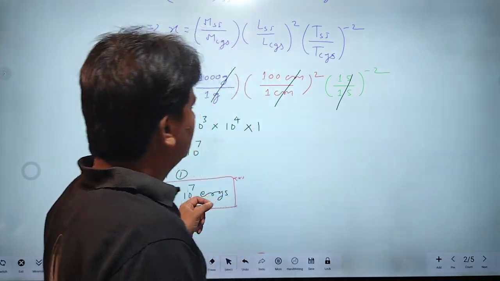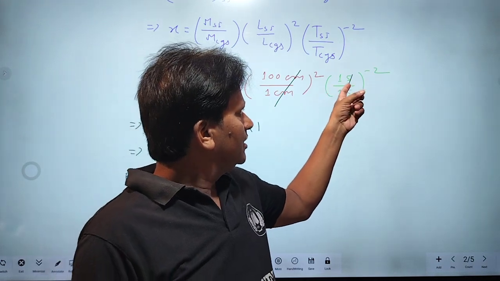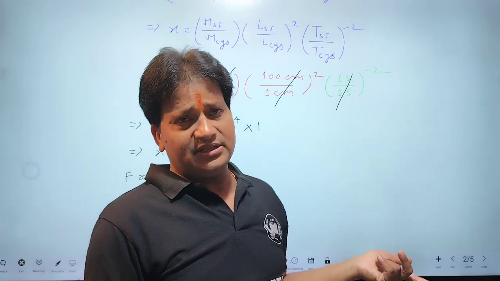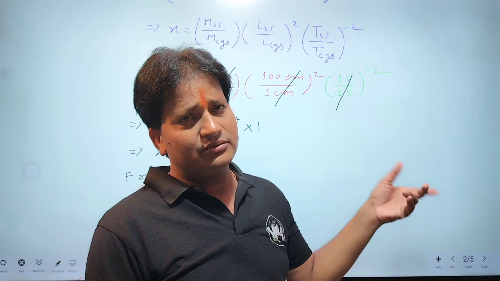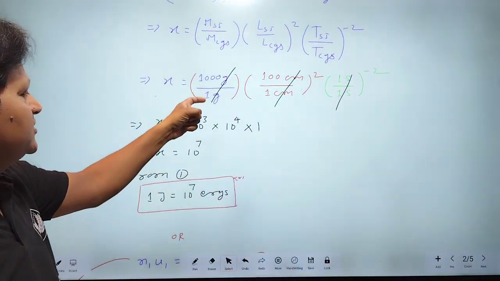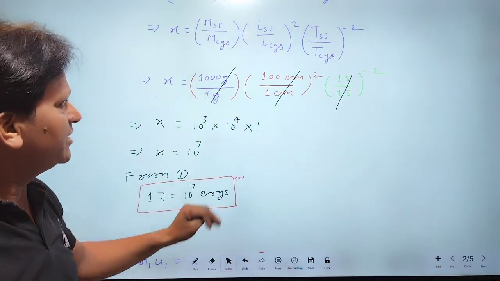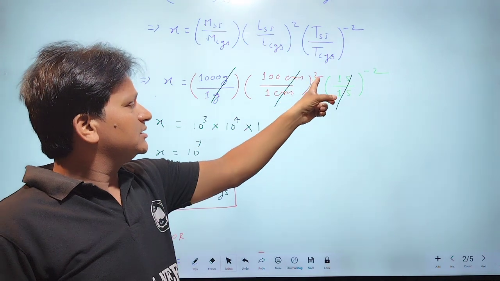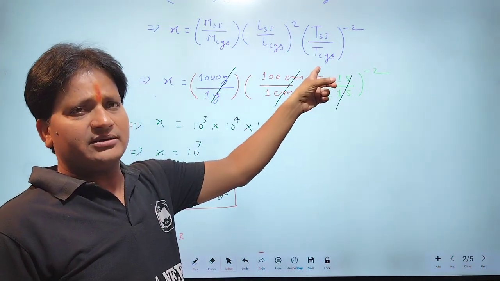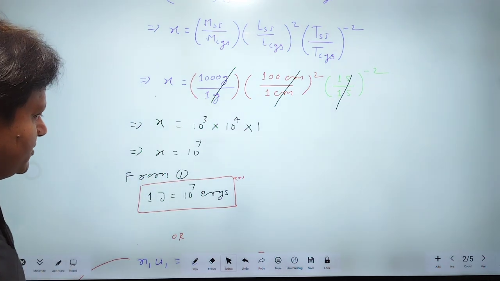We know that any power of unity will be equal to unity. This value will be equal to 1, this will be 10 to the power 3, and this will be 10 to the power 4 because this is square. Therefore x should be equal to 10 to the power 7.